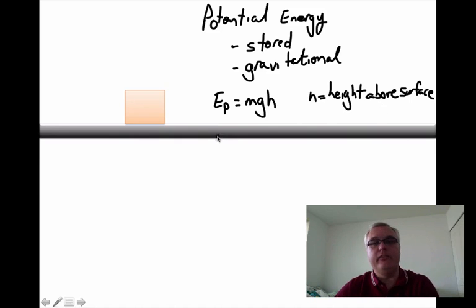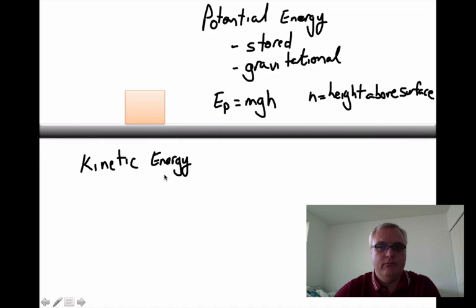Okay? And it's stored energy because when released, that object will fall, and that energy can then be converted into a different type of energy, which we're going to call kinetic energy. And kinetic energy is energy due to motion.